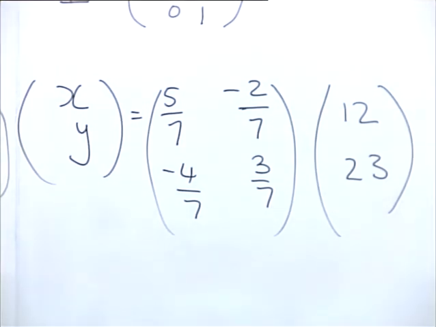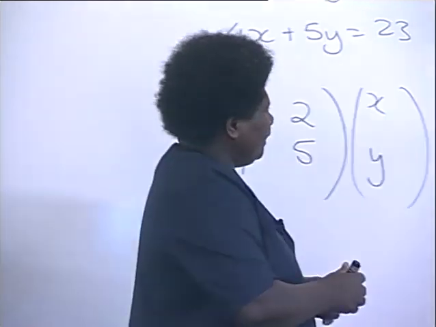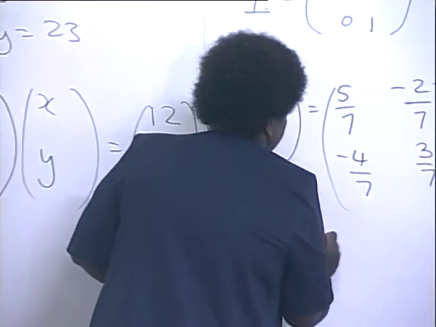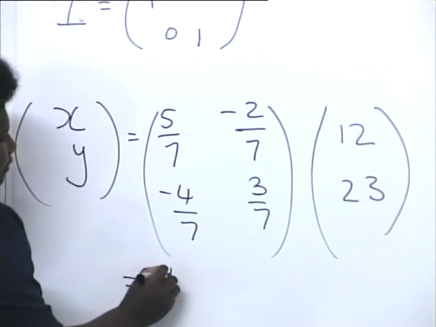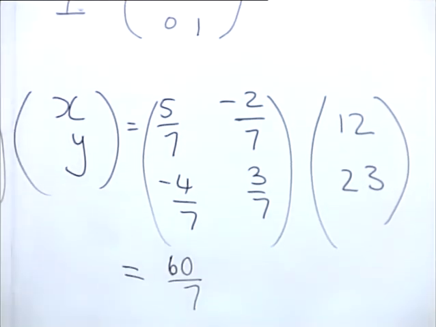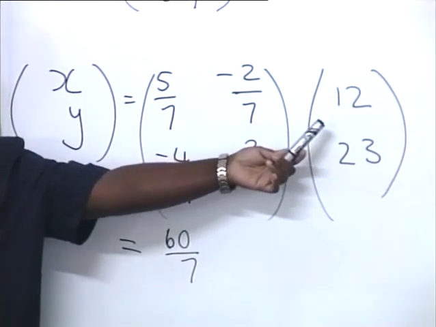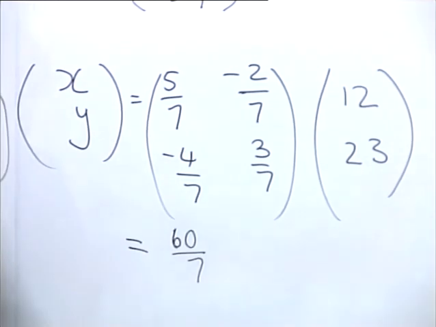Now, if I multiply 5 on 7 multiplied by 12, I get 60 on 7. Then I multiply minus 4 on 7 by 12, and I add.